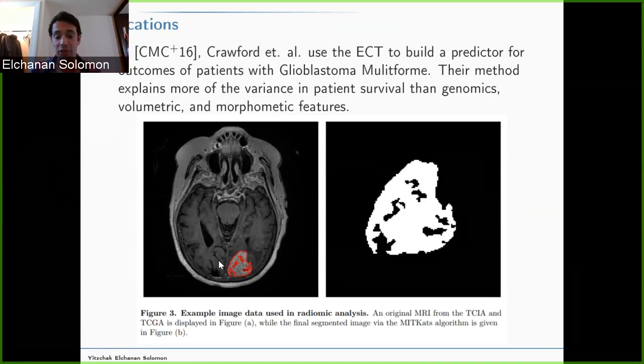Here's a picture I took from that paper. You see that for these types of brain tumors, the topology is really quite interesting. Because this is a 2D slice, they have all these voids inside them. And the ECT and the smooth version is able to capture that and use that information to build a good predictor. So this is an example of an application of the invariants we've seen so far.